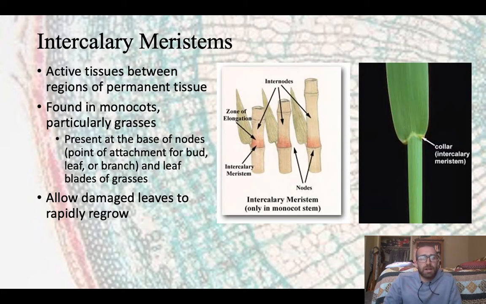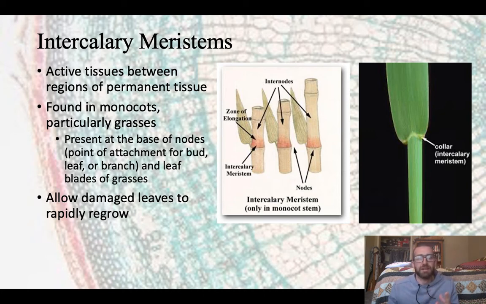So we're going to move on and let's talk about intercalary meristems. Our meristematic tissue is made up of active cells that are producing new cells. We talked about our apical meristems found at the tips of our shoots and our roots, and subapical meristems found in our basal rosette-forming plants, right below that apical meristem. And now we're going to look at intercalary meristems.